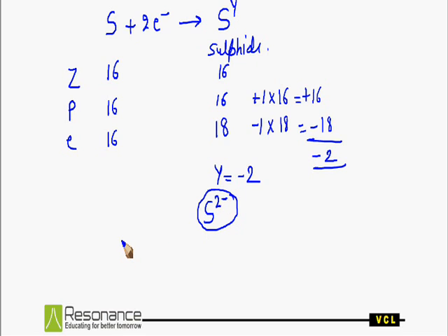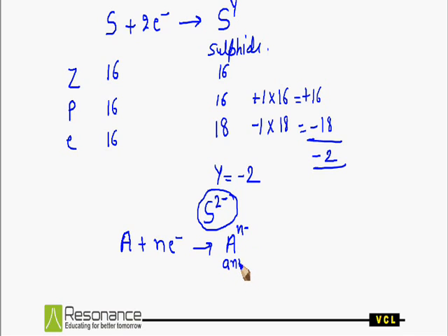So we can say that if any non-metal A gains an electron, then it will be converted into A minus. It means if any non-metal gains n electrons, the charge on the ion will be n minus.